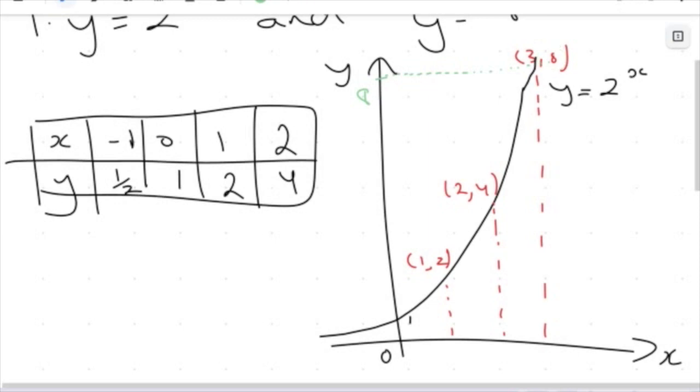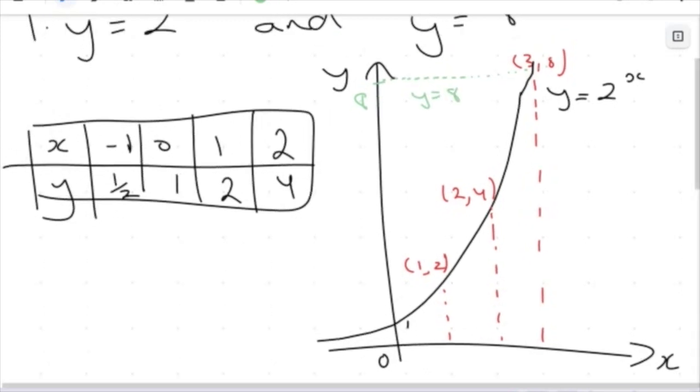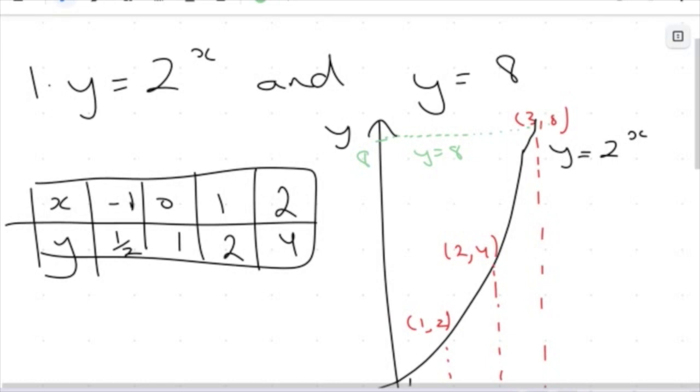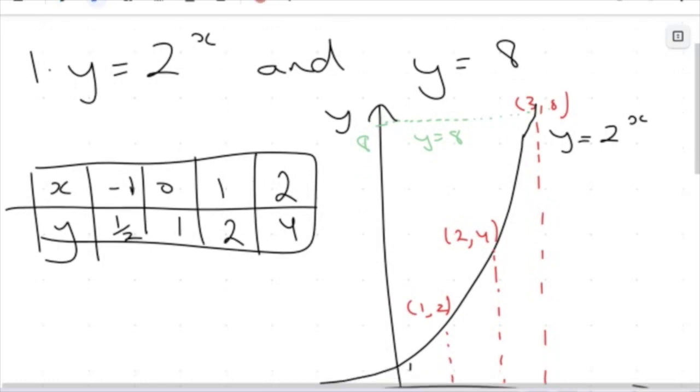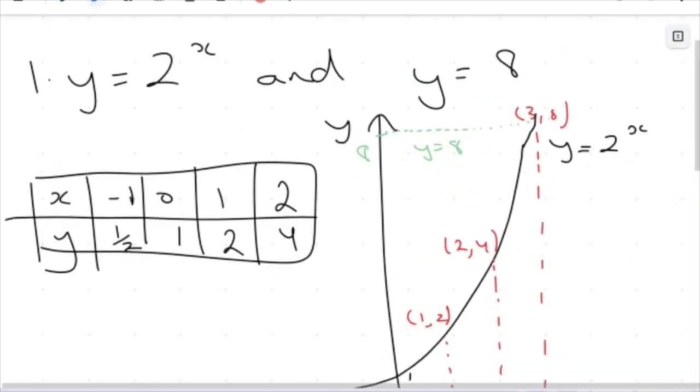So graphically, I have shown the point where these two are going to meet, my line of y equals 8 and y equals 2 to the power of x. Now, for that point, that's just going to be the x value of 3.